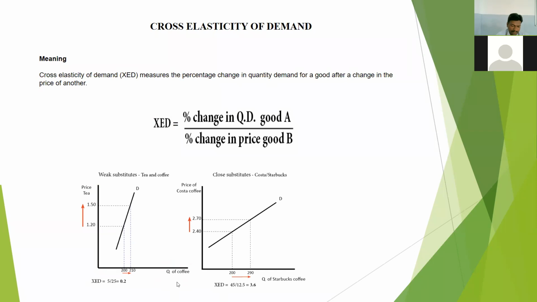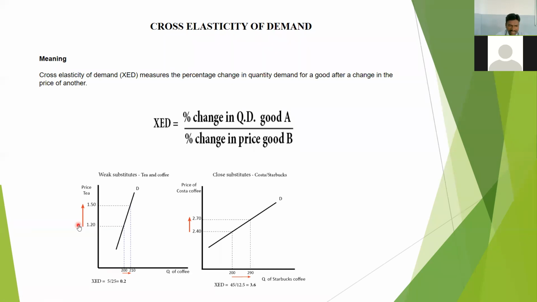Now we are going to check. In the previous class, we discussed the substitutable price of tea and quantity demanded of coffee. Now I am just going to repeat the same.